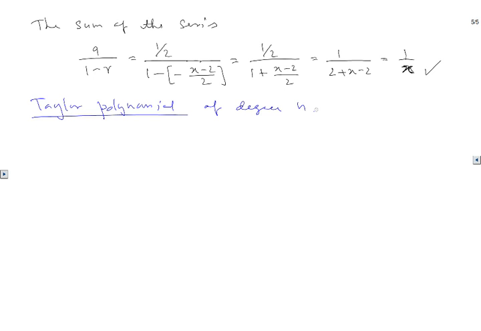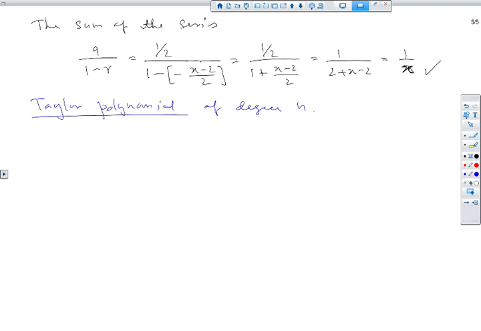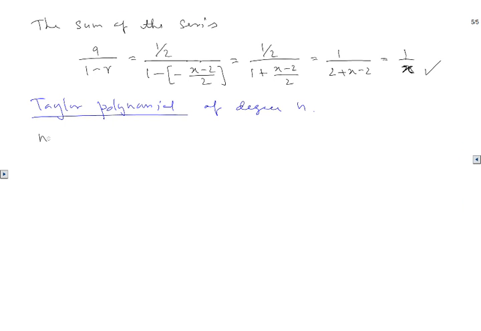So let's write it. The nth degree Taylor polynomial is given by, we're going to call it Tn.